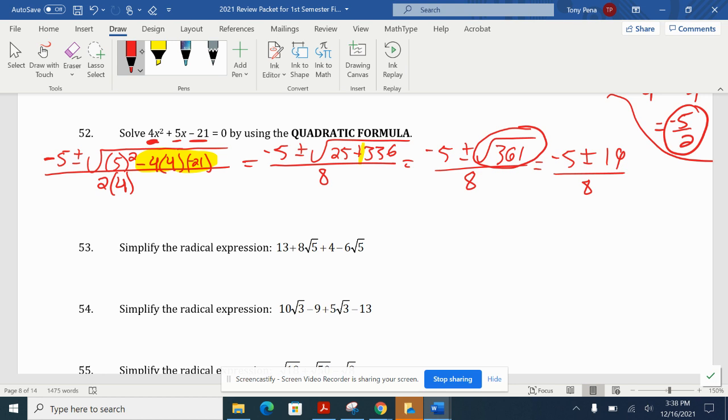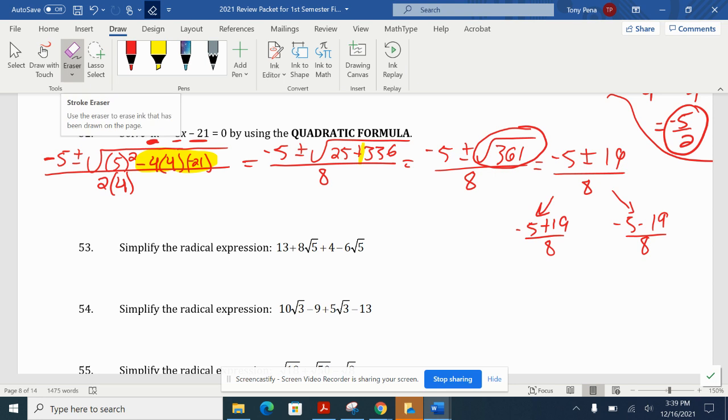And then set up your two equations. So one of them, I'll do negative 5 plus the 19 over an 8. The other one, I'm going to do that negative 5, subtract the 19, and then divide by 8. So this is 18 over 8. Not 18 over 8. Pardon me. Where am I here?